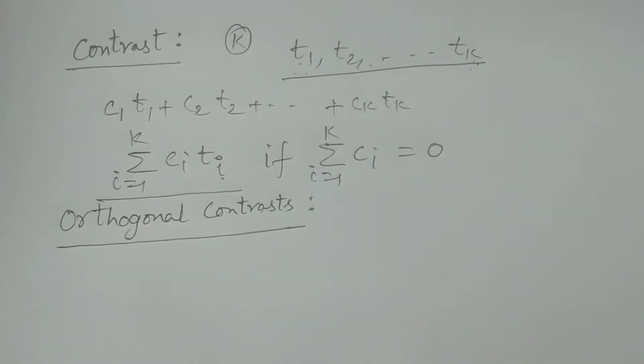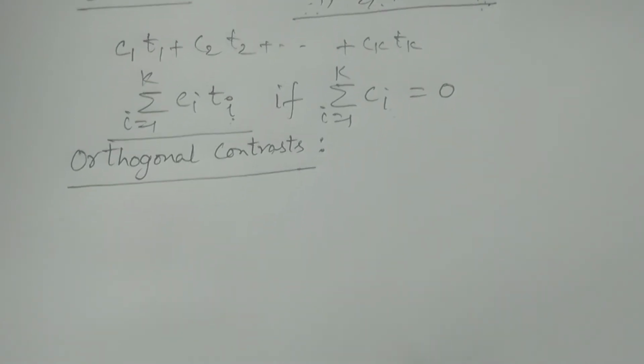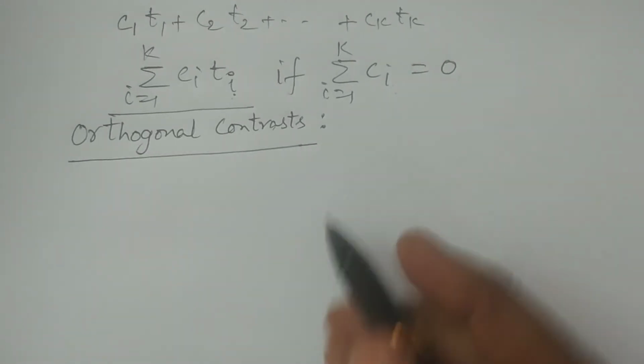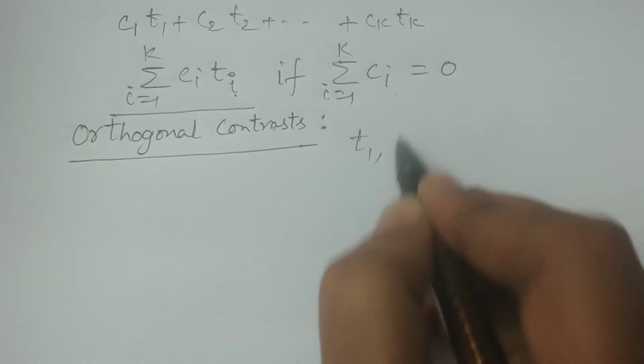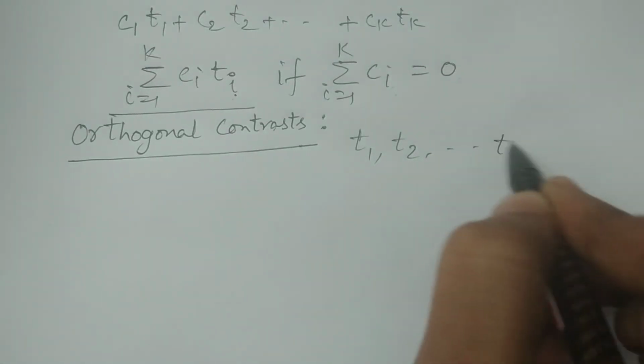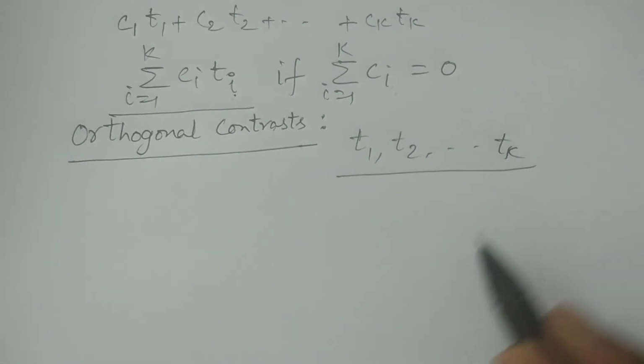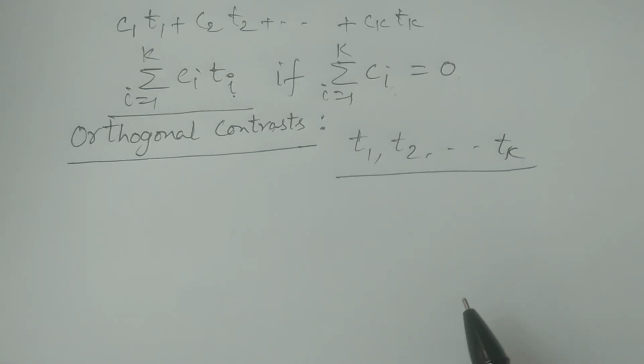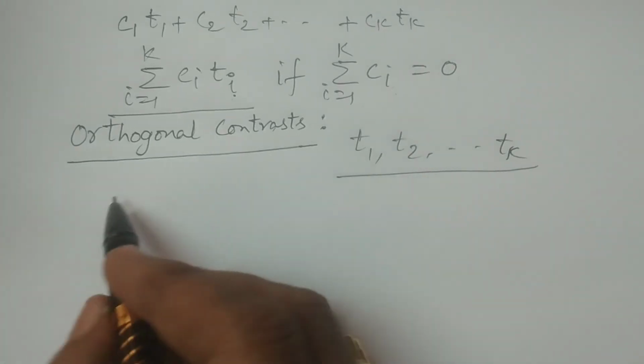Now come to the orthogonal contrast. What is meant by orthogonal contrast? Consider again, for example, T1, T2 and so on up to Tk, the K treatment means obtained from the K treatments. Then you have to consider two contrasts of the K treatment means.